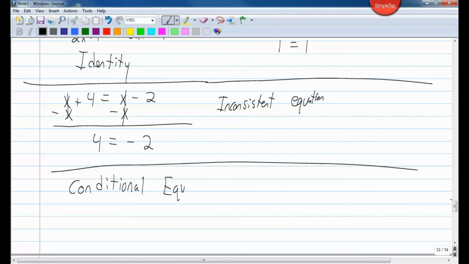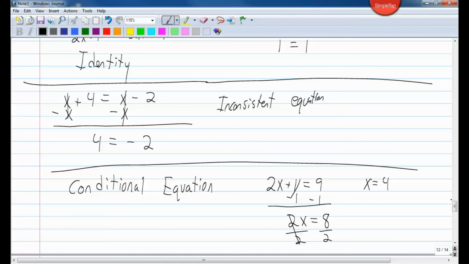So whether you knew it or not, the majority of the equations that you've been working in here so far have been conditional equations. So like if I have 2x plus 1 equals 9, and I can solve it and get an answer out, so 2x equals 8, or x equals 4, I get an answer. That's a conditional equation because that equation will be true when x is equal to 4.